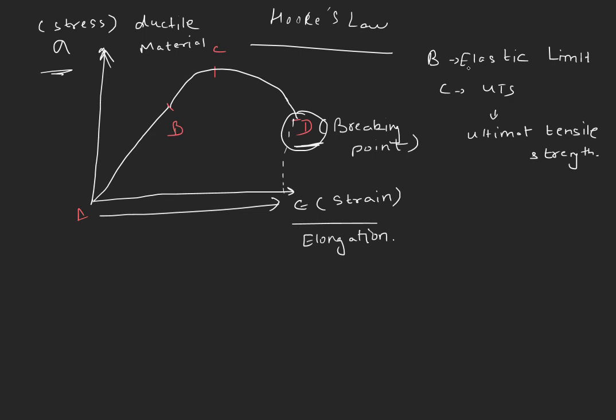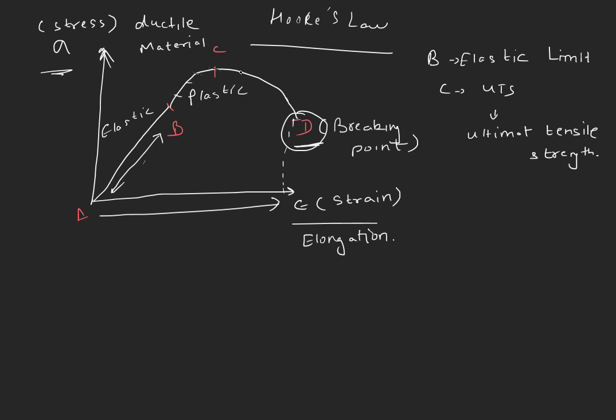As the name suggests, the elastic limit is the limit of the elastic region, by the way, this is the elastic region of this curve. Once the stress in the material exceeds this region, it reaches the plastic region.